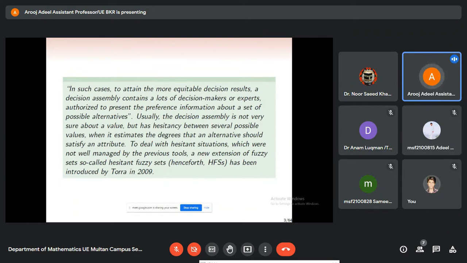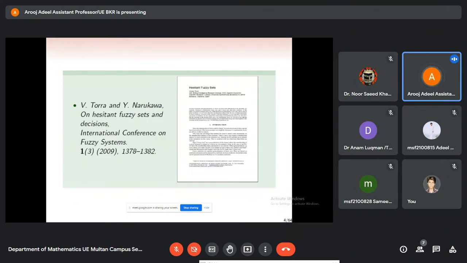Then it estimates the degrees that an alternative should satisfy an attribute. To deal with the hesitant situation, which was not well managed by the previous tools, a new extension of fuzzy sets, the so-called hesitant fuzzy sets, was introduced by Torra in 2009 in an international conference on fuzzy systems.